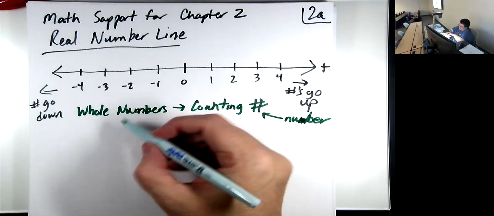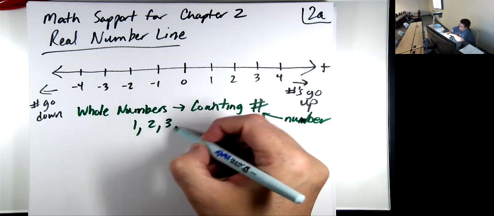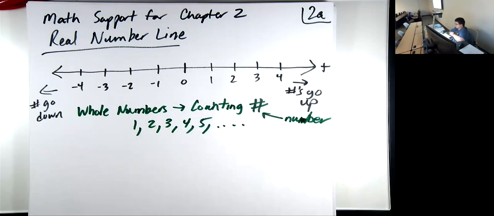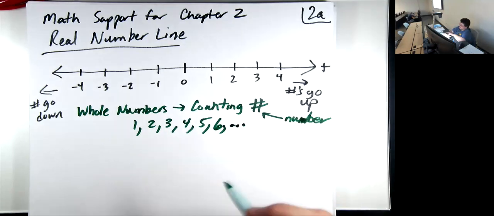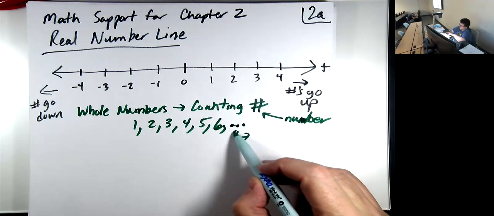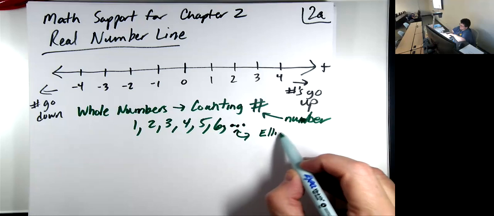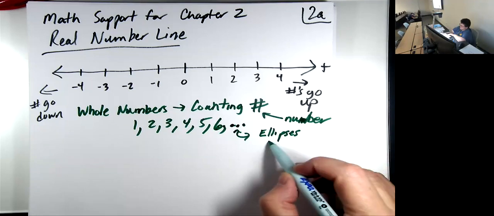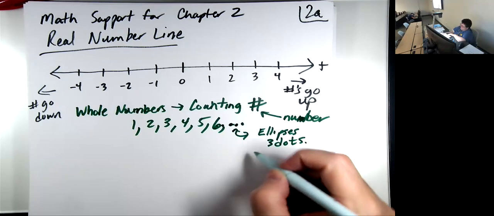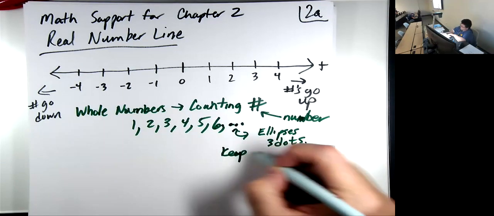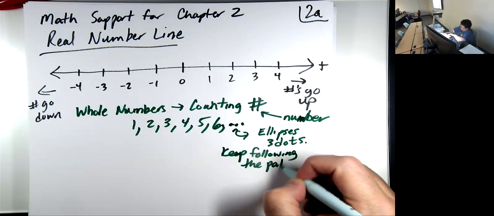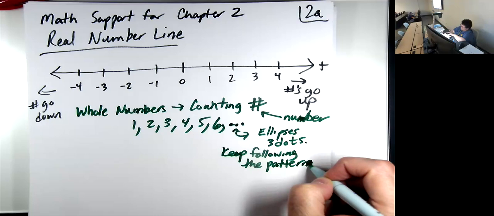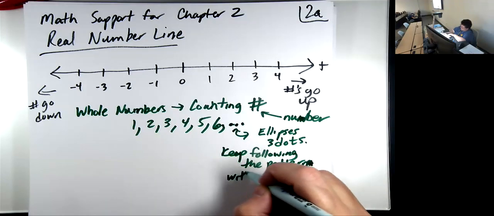You start at 1. So this is like 1, 2, 3, 4, 5, 6, add a comma, and put 3 dots. The 3 dots are called the ellipses. It means keep following the pattern, without end.